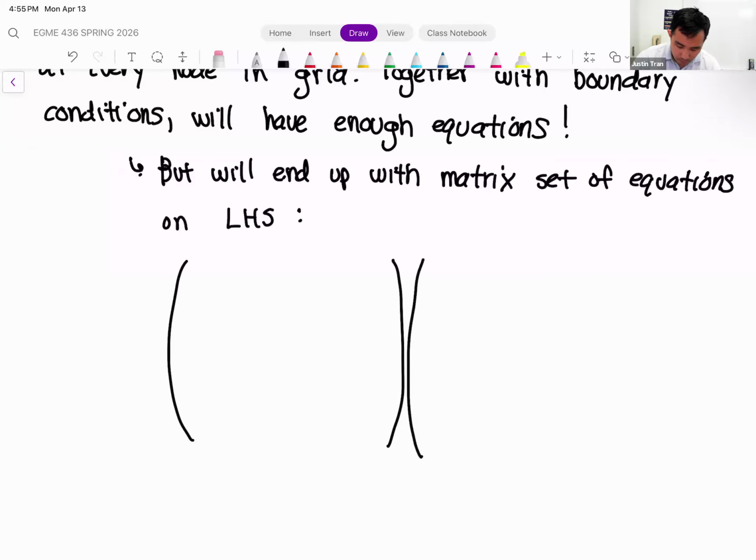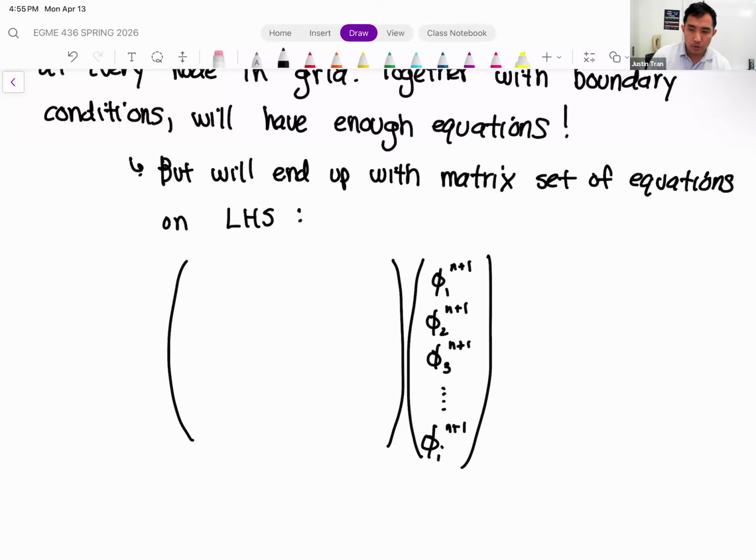That is multiplied by a vector of all the unknown phi values at the next time step: phi 1 at n plus 1, phi 2 at n plus 1, phi 3 at n plus 1, and so on, up to phi i at n plus 1, going up to the number of nodes in your grid.